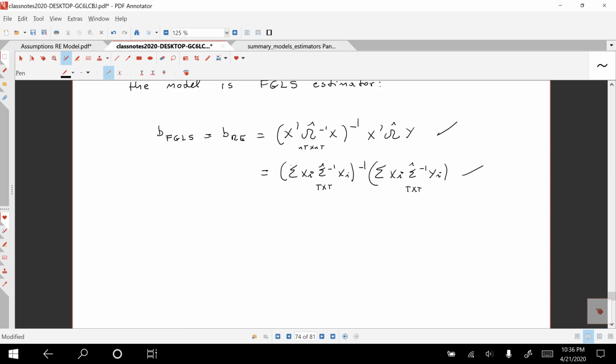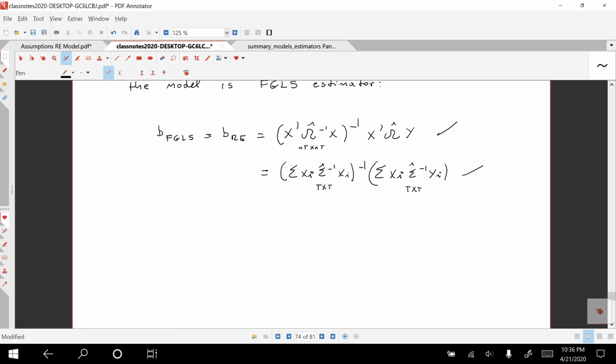Also, remember the other way in which we can estimate the generalized linear regression model is by using the transformation that we discussed when we were proving that the generalized least square estimator is the best linear unbiased estimator for the generalized linear regression model.